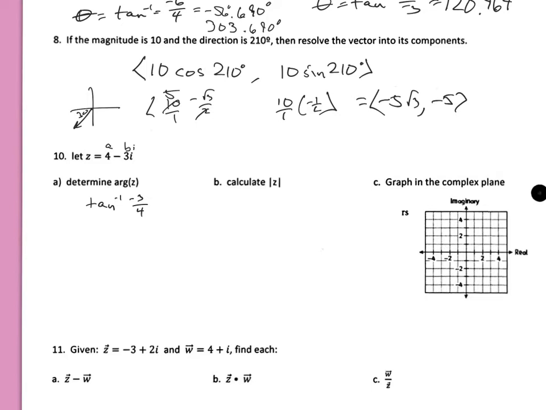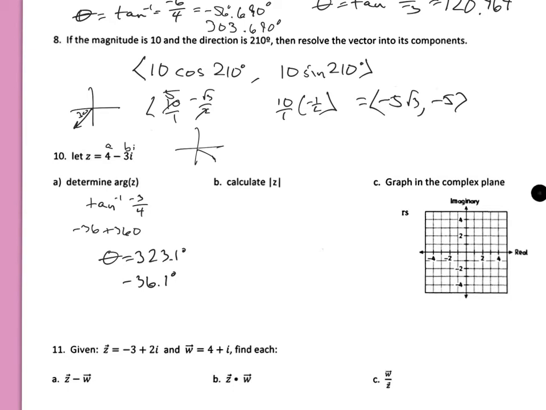It's right around negative 36 point something, which you can call it that, or you can add the 360, and we get that the theta is 323.1 degrees, or you can leave this as negative 36.1 degrees. Completely up to you. Because this is in the 4th quadrant. So we're good with either angle measure.